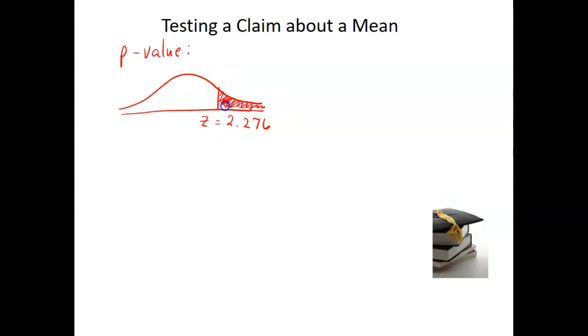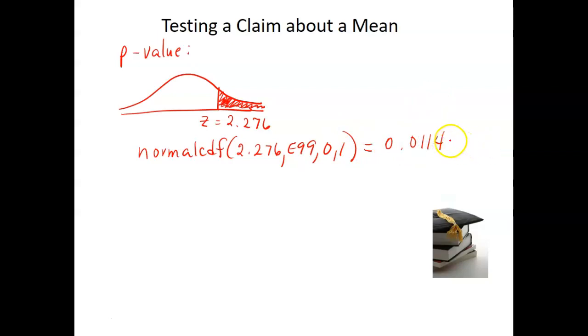So we're going to be solving for this part. And so we're going to do a normal CDF because this is a z-test statistic. If it had been a t-test statistic, we would do a t-CDF. So we'll do 2.276 to infinity, and that's going to give us 0.0114 as our p-value. It's a one-tailed test, so we don't need to double this.